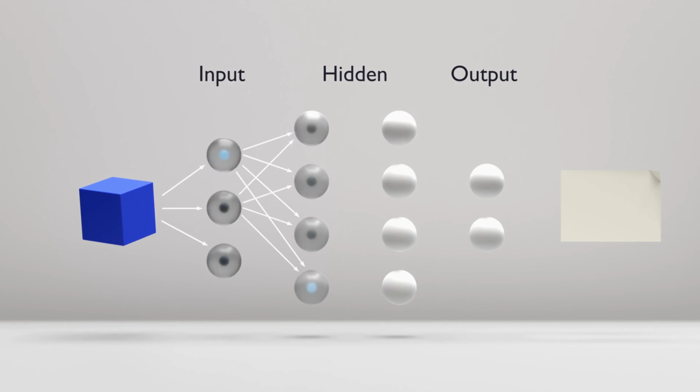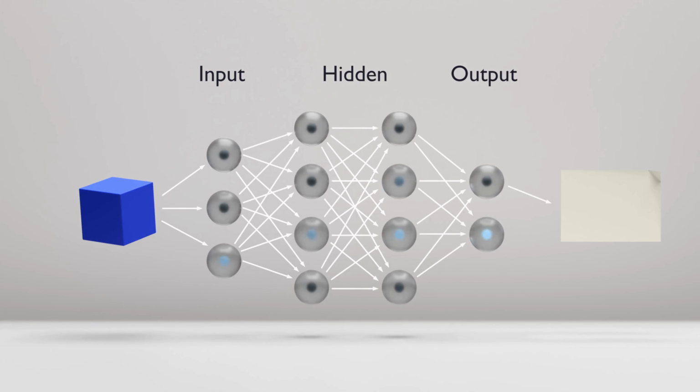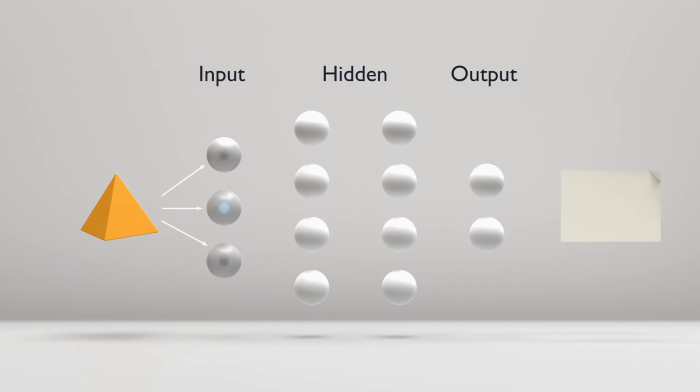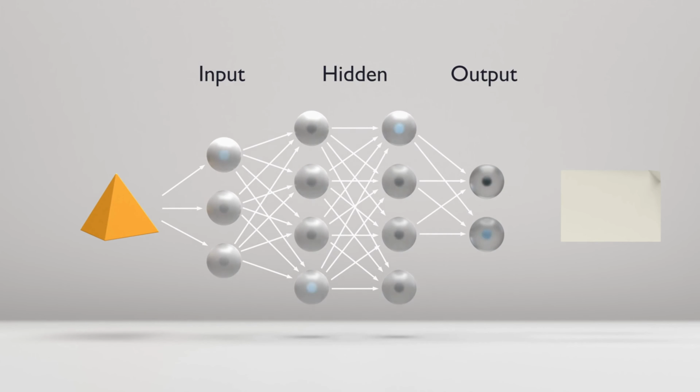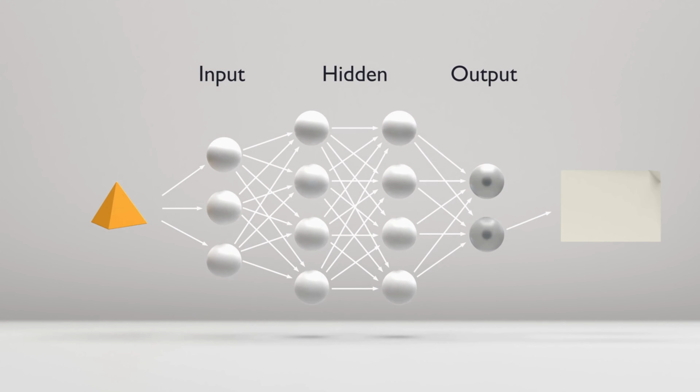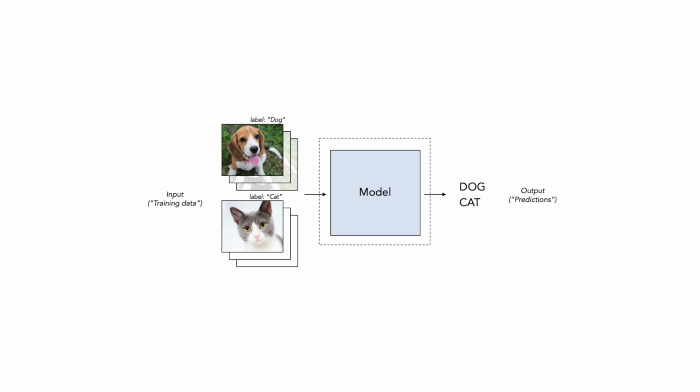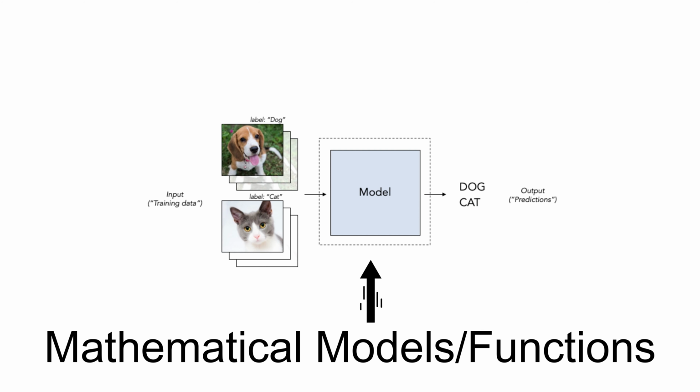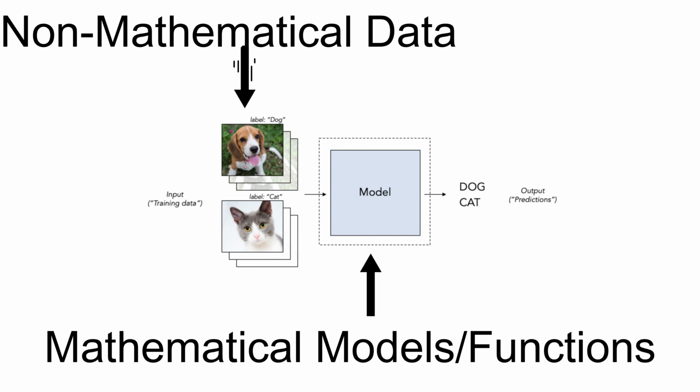But, you may ask, what about visual, categorical, or other non-numerical data types? How do you train a machine that uses all this mathematics we've just been talking about with non-mathematical data like words, colors, or shapes, for example?